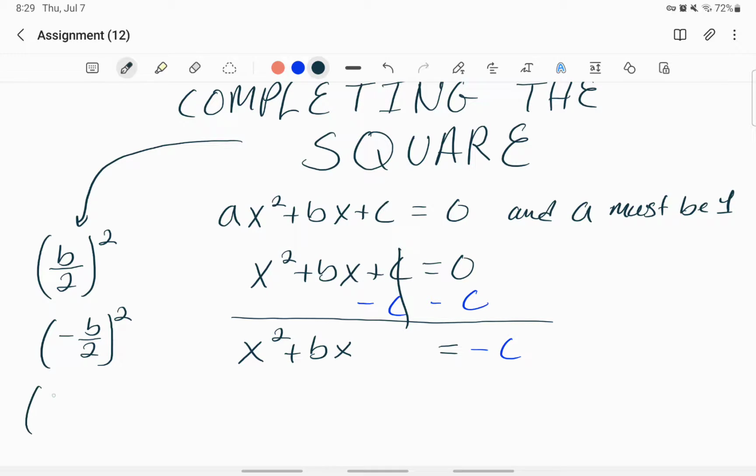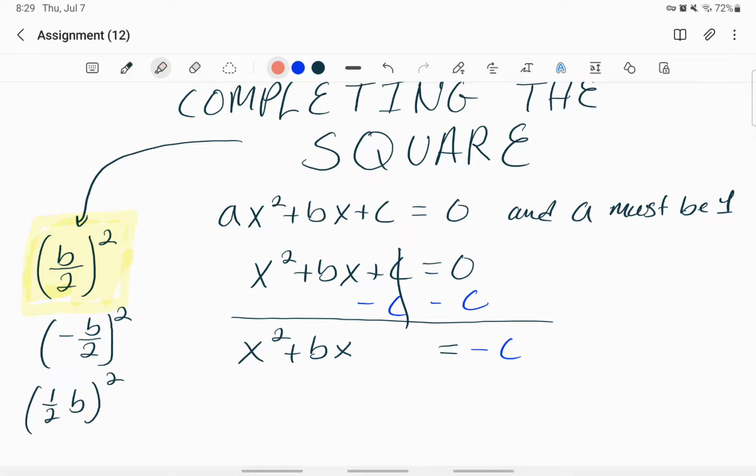Some people write it as 1/2 b squared. It doesn't matter, in this case at least, because when you square a negative, it comes out as positive. The textbook goes over it using this method, so I'm going to stick to the textbook.